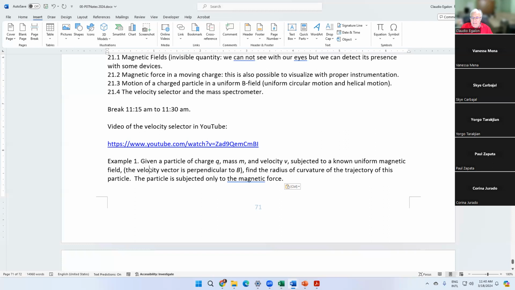Find the radius of curvature of the trajectory of this particle. The particle is subjected only to the magnetic force. Given Q, M, V, and B, find the radius of curvature of the particle.